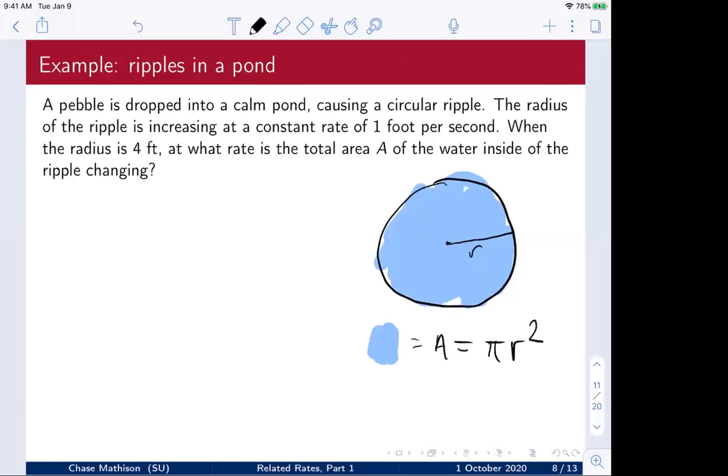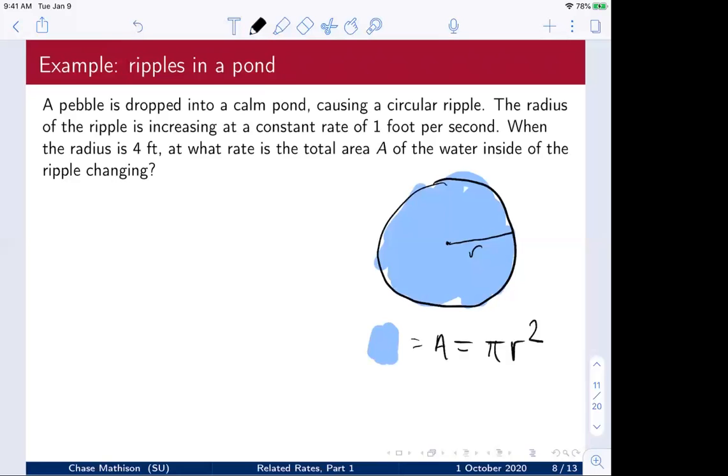The area of a circle, probably not. If I think there's a related rates problem on an exam where the relationship might not be immediately known to you, then I will give you the formula. But you do have to know the area of a circle. Okay, so pi times R squared is the area of a circle of radius R.